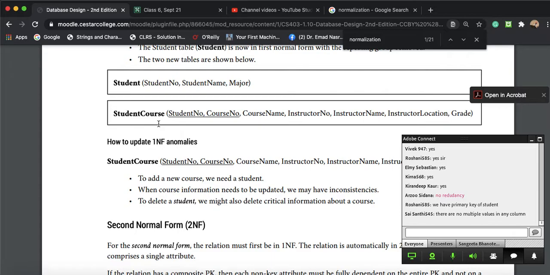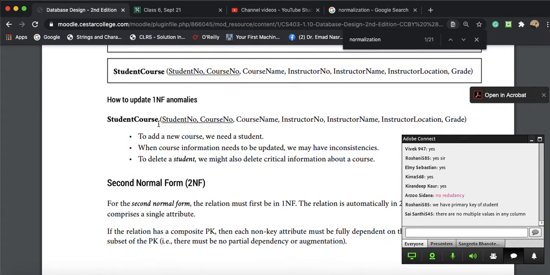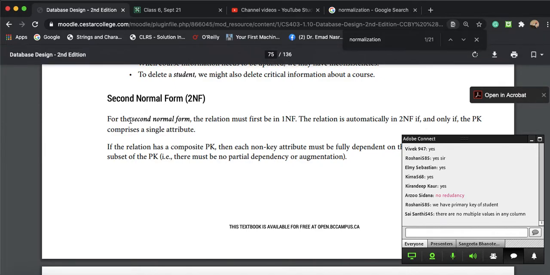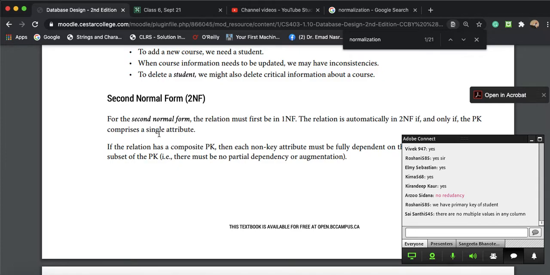How can I tell? Let's look here. First of all, it's in the first normal form. And the primary key comprises single attributes.